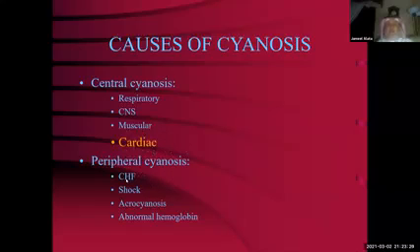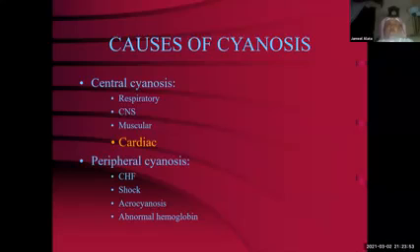Peripheral cyanosis can be seen in cases where we have sluggish circulation and poor peripheral perfusion, like in CHF and shock states, and normal acrocyanosis we see in babies who are newly born, especially after they get a bath. You can see that their hands and feet become bluish.